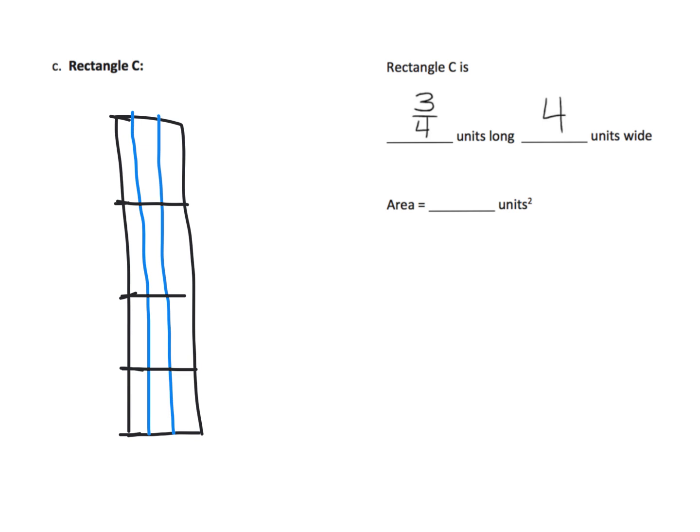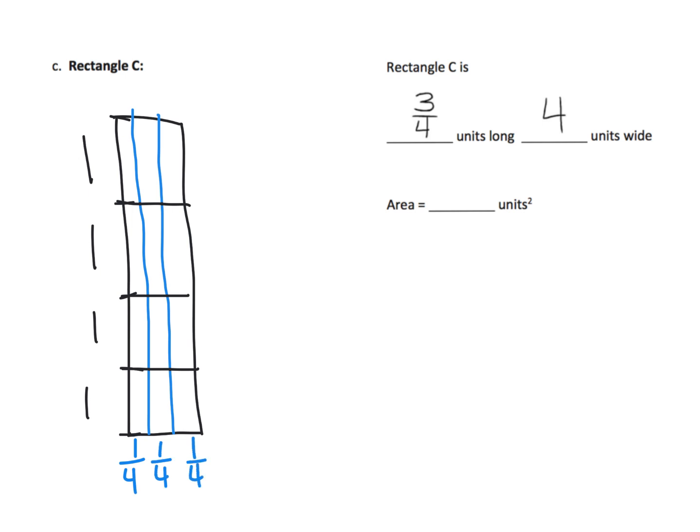So the idea is this is 1 unit tall, 1 unit tall, 1 unit tall, 1 unit tall. Now, right down here, this entire length is 3/4 of a unit wide or long. But each one of these is a quarter, isn't it? So this is 1/4, this is 1/4, and this is 1/4.